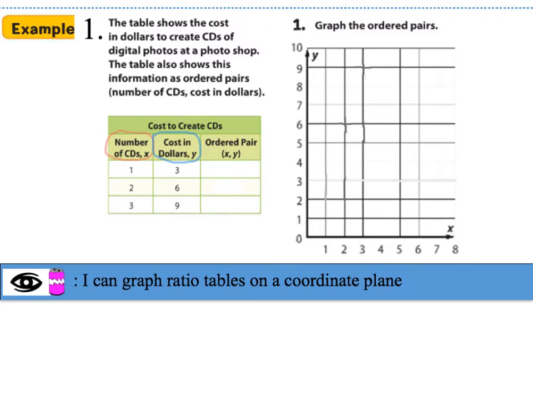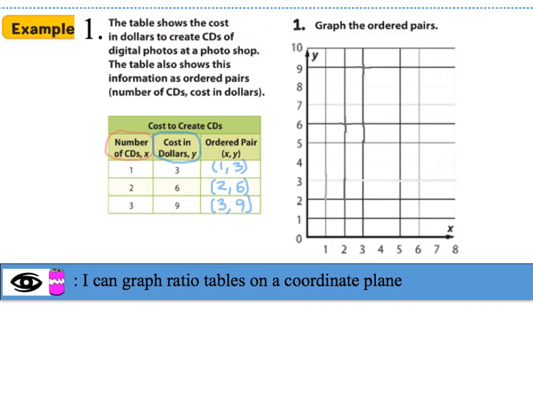So when I put them together, I should get ordered pairs. So my first ordered pair would be 1, 3, because for every 1 CD it costs $3. My second ordered pair would be 2, 6, and my third ordered pair would be 3, 9.